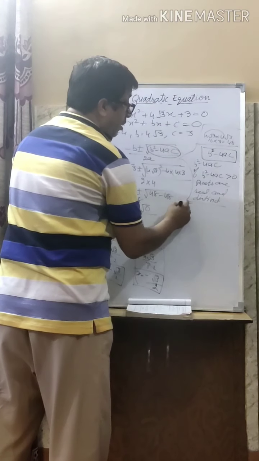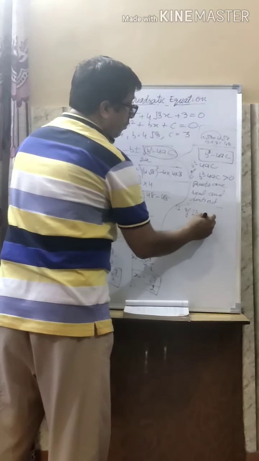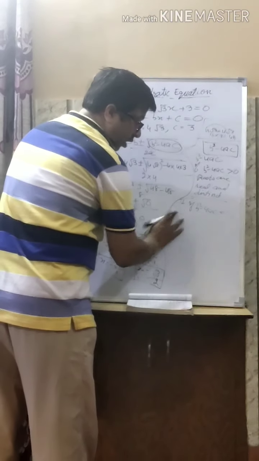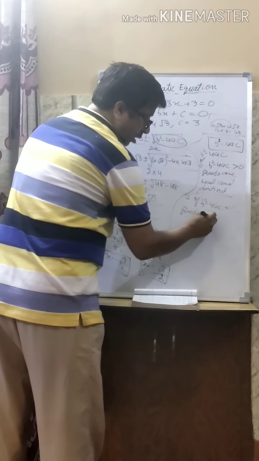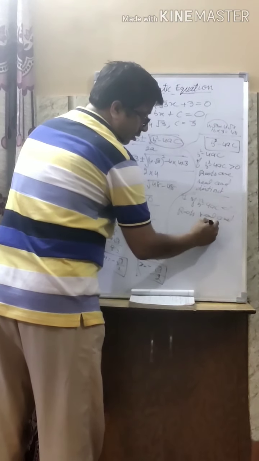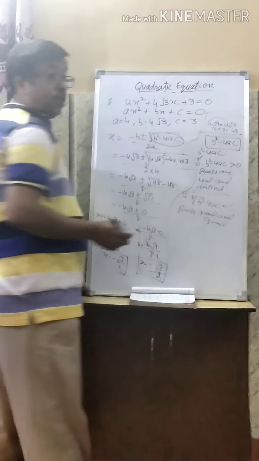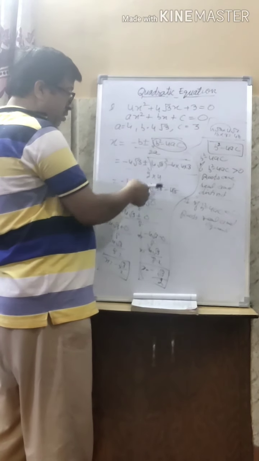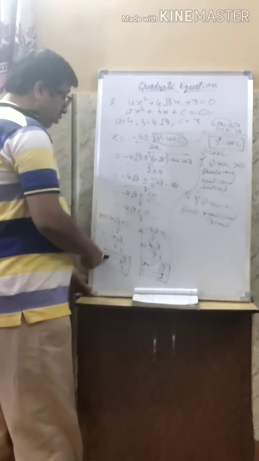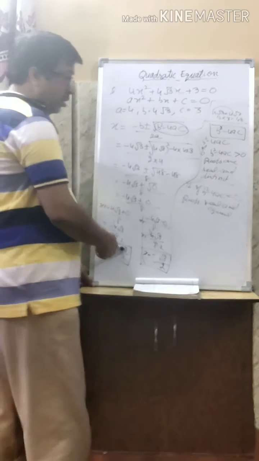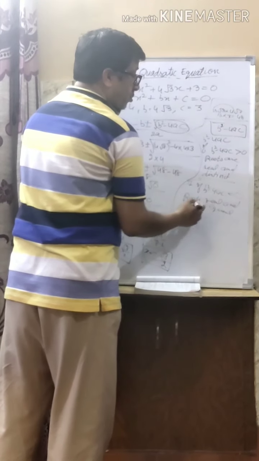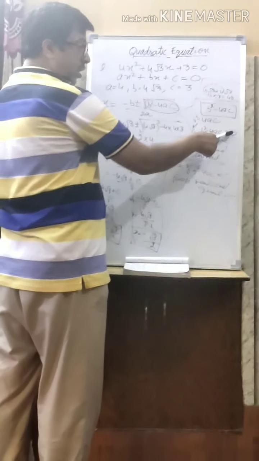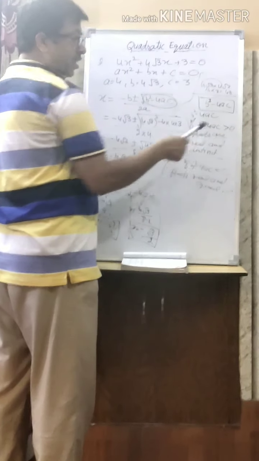Now second, if b square minus 4ac is equal to 0, then roots are real and equal. Real and equal will come. Now you see, here b square minus 4ac is 0. If 0, then you are getting two same roots. Understand? If b square minus 4ac is 0, then roots are real and equal. And if b square minus 4ac is greater than 0, then roots are real and distinct, meaning different.